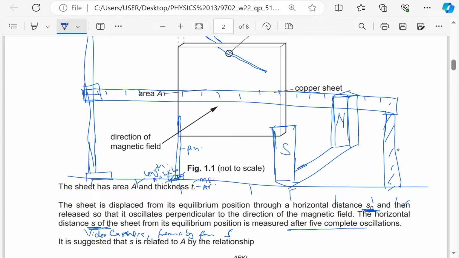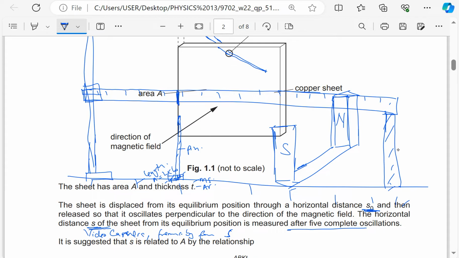Remember, they say the sheet is displaced from its equilibrium position through a horizontal distance S naught. So to easily measure S naught, I'll need some reference point, which is going to be a pin, P0, aligned with the corner of the copper sheet, so that I can always easily measure S0 from that position on the ruler. Because when you displace the copper sheet, it's going to be moving through a certain point.